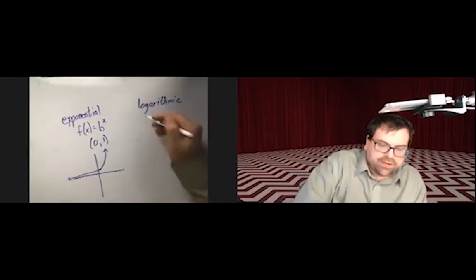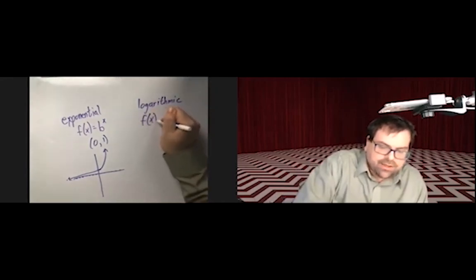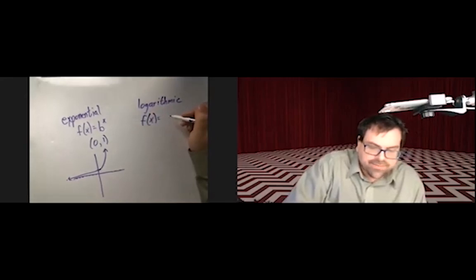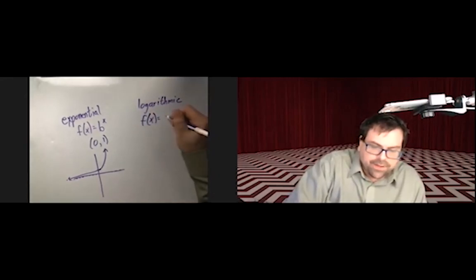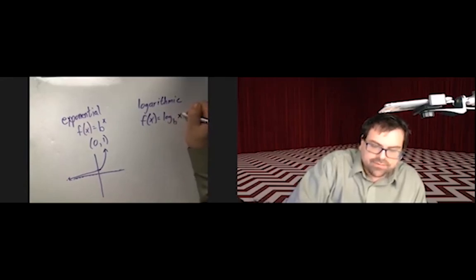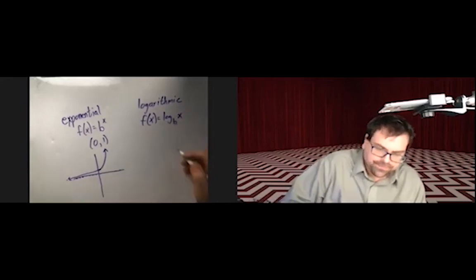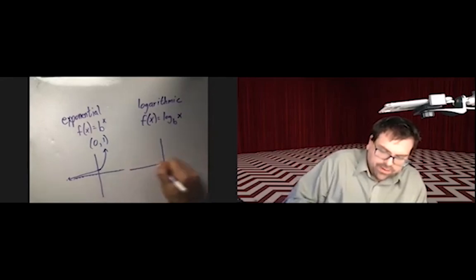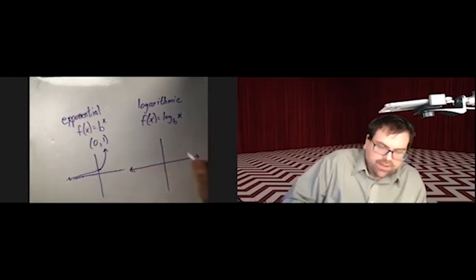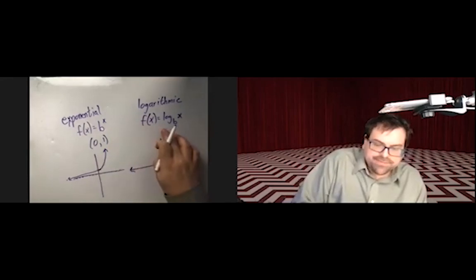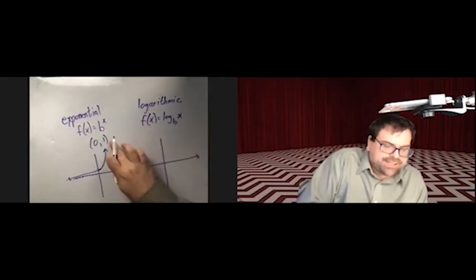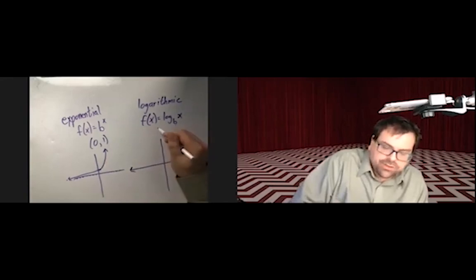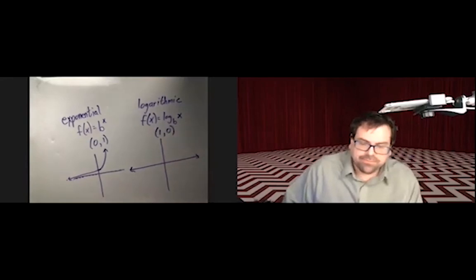This is opposed to a logarithmic function, which is something like f of x equals a log of some base, the variable x. These are inverses. So since the point 0, 1 is always on exponential, the point 1, 0 is always on log.